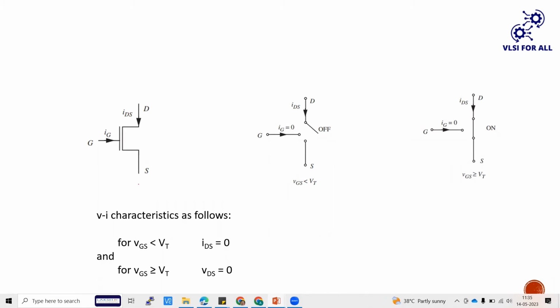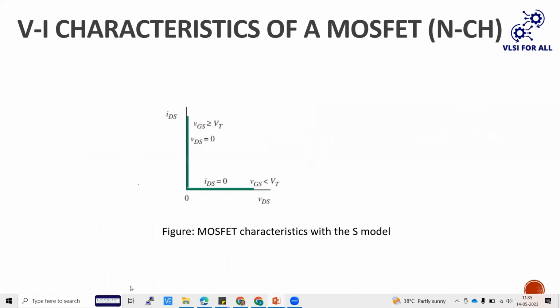However, whenever the MOSFET is in on state, the drain to source voltage will be zero because it is a short circuit. Hence, we have written here the VI characteristics. Whenever VGS is less than VT, IDS is 0. When VGS is greater than VT, VDS is 0. Accordingly, we have given you the VI characteristics.